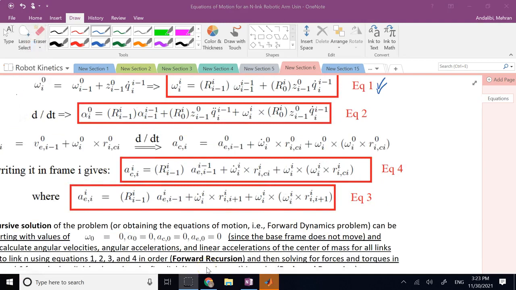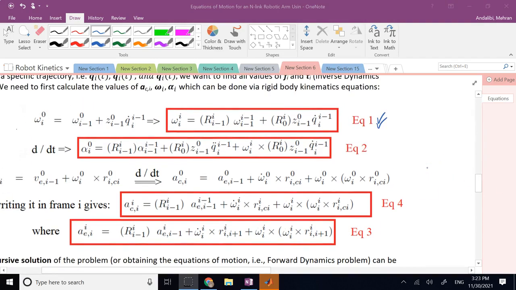So if you look at equation number 2, all we have done is taking the time derivative of equation 1, and you clearly can see that the derivative of omega became alpha. Then the second term has one derivative because q i dot has magnitude change, so it becomes q i double dot.